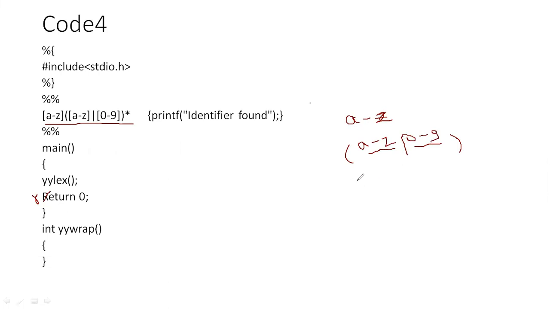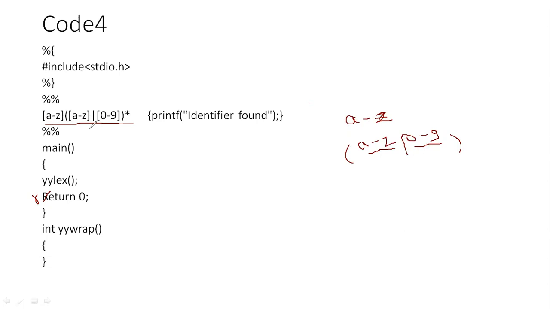Now you can give me any example of identifier. Int number1, number2, number3. N will be satisfied with A to Z. U, M, B, E, R. 1 will be satisfied by this 0 to 9 occurrence.